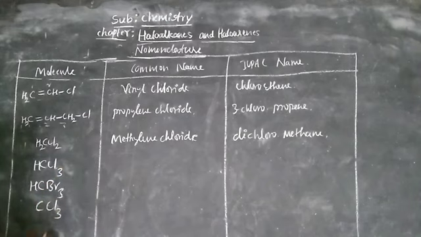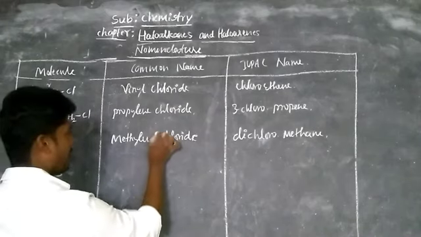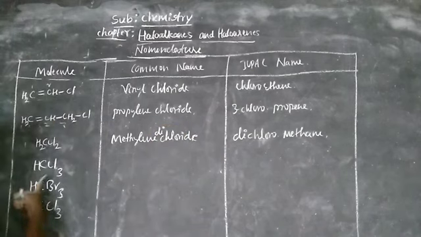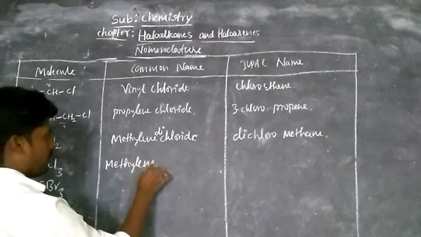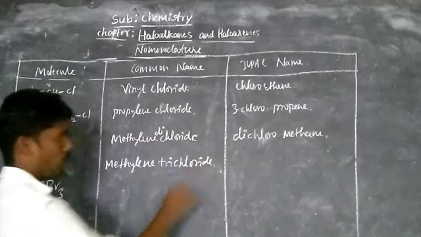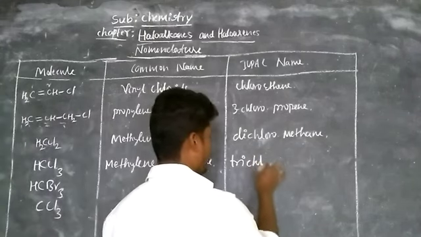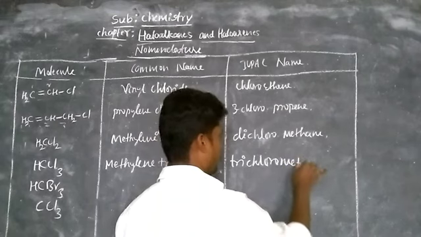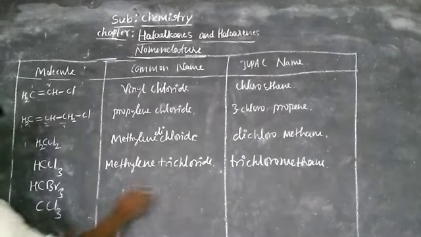Similarly, this one: trichloromethane is the IUPAC name, and the common name is methylene trichloride. This is methylene dichloride, and this is methylene trichloride. Similarly, write for this one.